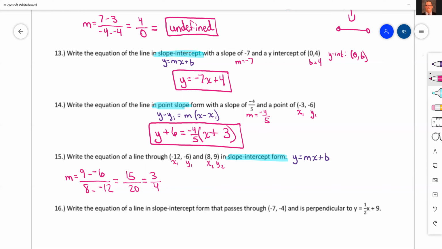Now, we've got slope. Do we have our intercept though? Nope, still no intercept. So I'm going to pick this first point since I already have it labeled x1, y1. I'm actually going to do the other version, point slope form, and then convert it to what I need it to be.